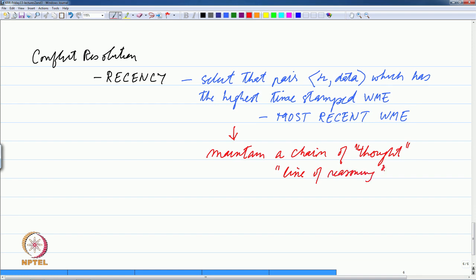In terms of logic, if you have just concluded something, or if you added a new working memory element which will have the latest timestamp, if there is some rule which is using that, prefer that rule essentially. So, in that sense whatever changes you are making, you can see that the most recent working memory elements will get attention more essentially.